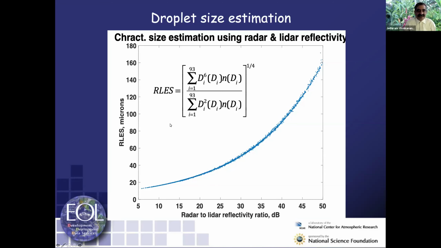That I call the radar-LiDAR estimated size. There's no dispersion in this size because of how I defined it. Hence, I could uniquely estimate a droplet size without much dispersion or uncertainty, using radar-LiDAR measurement. Once I do that, the technique makes it much easier to estimate liquid water content. That is the key.